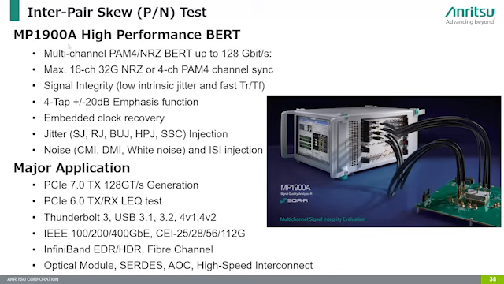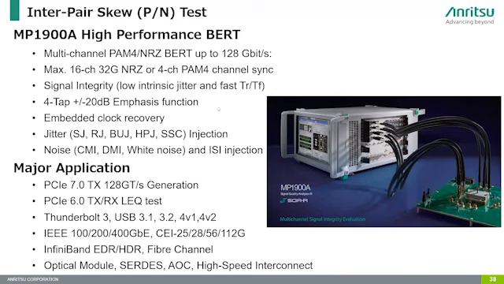MP1900, just let me make a quick introduction of the Anritsu MP1900. It's a multi-channel PAM4 NRZ BERT up to 128 gigabit per second per lane. And you can configure a maximum of 16 lanes of 32G NRZ or quad-channel PAM4. And you can make clock sync and pattern sync. It has good signal integrity, very low intrinsic jitter, and very fast Tr/Tf.